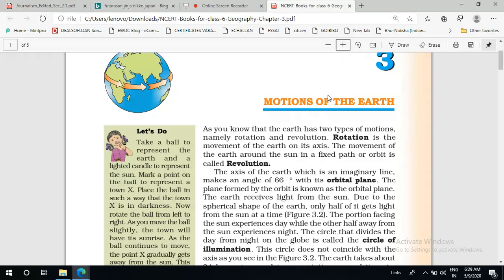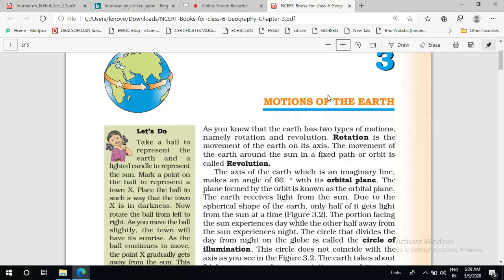It is only an imaginary line which passes through the North Pole and the South Pole, a needle-like structure around which the Earth keeps moving. And the most important thing about the axis you must understand is that the axis is not a straight line. Why is the axis not a straight line?